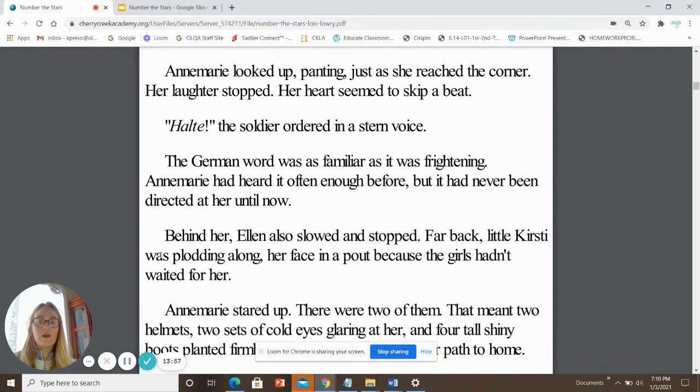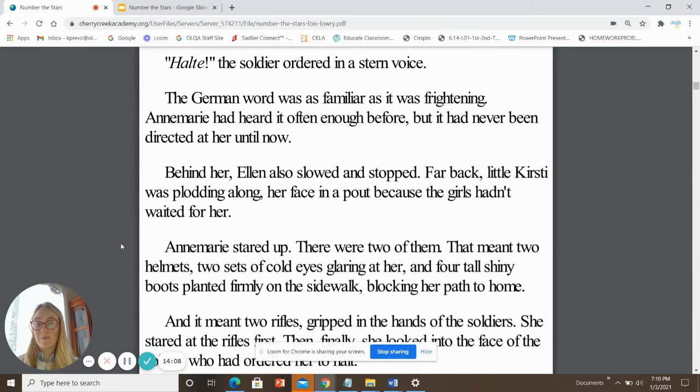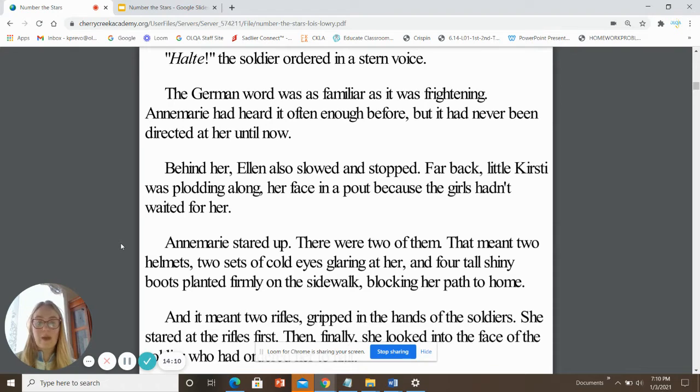Behind her, Ellen also slowed and stopped. Far back, little Kirsty was plodding along, her face in a pout because the girls hadn't waited for her. Anne-Marie stared up. There were two of them. That meant 2 helmets, 2 sets of cold eyes glaring at her, and 4 tall, shiny boots planted firmly on the sidewalk, blocking her path to home.